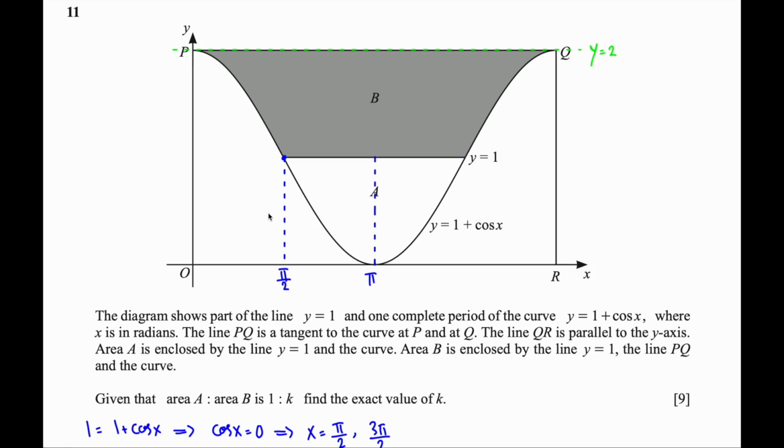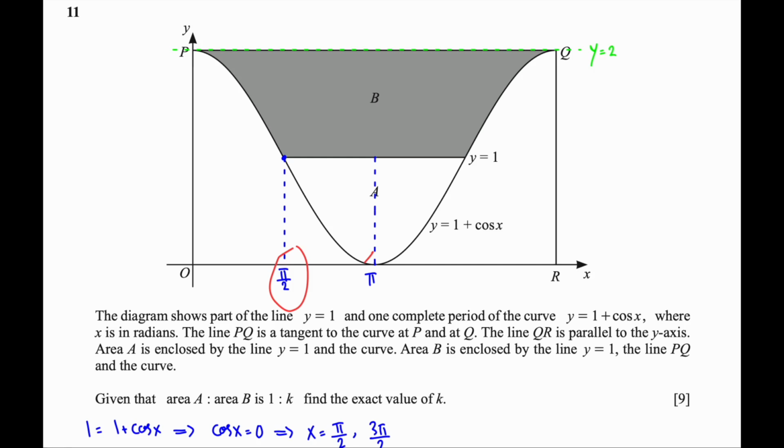You need to know where you start and where you end. However, you should not use this point here, because if you do so, your integration is gonna come out 0. So because of that, I'm gonna find half of this region and then multiply it by 2, which gives me the area of A.